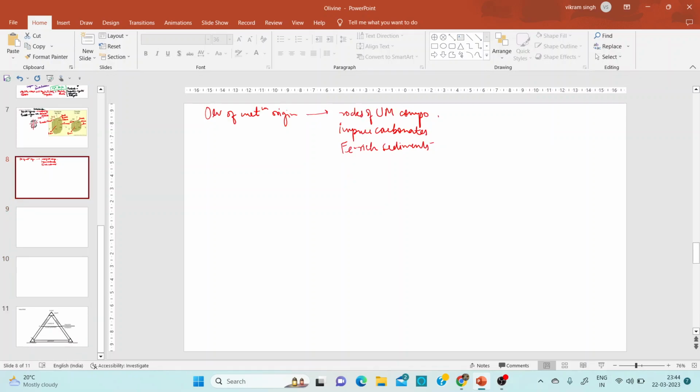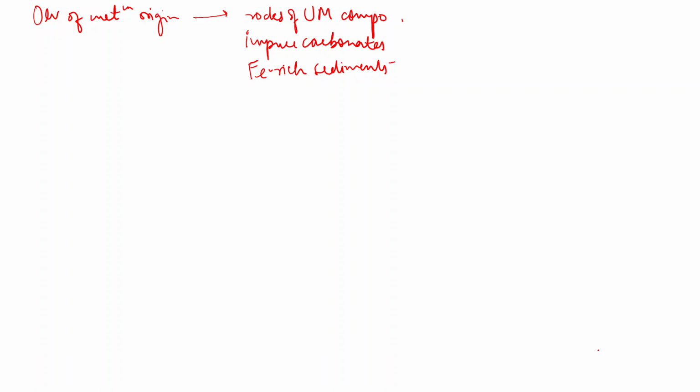So what I was saying is that the progressive metamorphism of serpentinite, serpentinite is a rock, right? What does it cause? It causes the most extensive development of olivines.